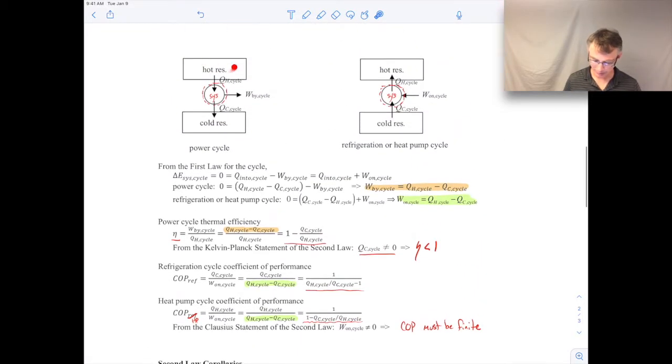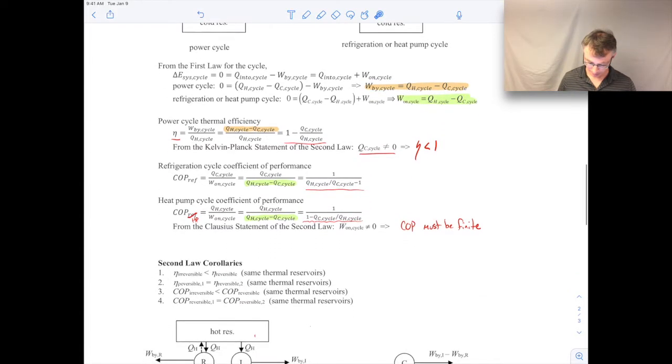What I mean by that is operating between the same hot and cold reservoirs. So if you have this picture, but the system is irreversible, it'll have a smaller thermal efficiency than this picture, but this being a reversible system. So reversible systems have the highest thermal efficiency as well as the highest coefficients of performance.